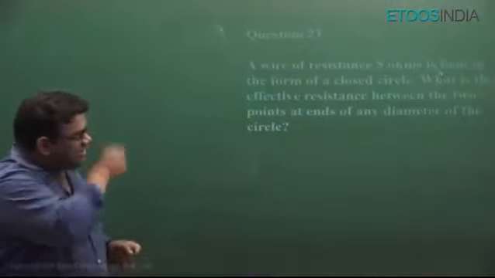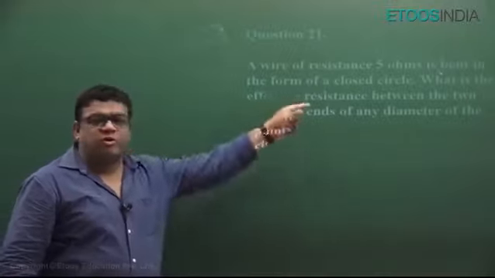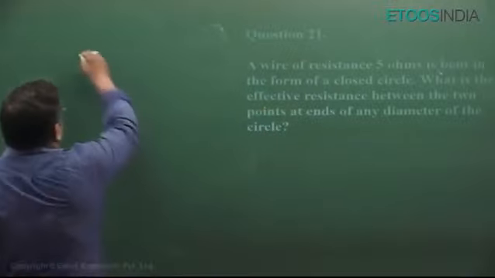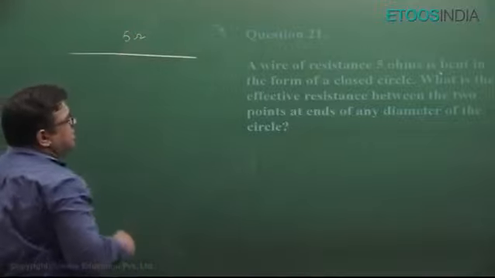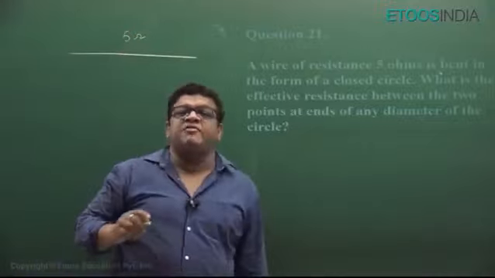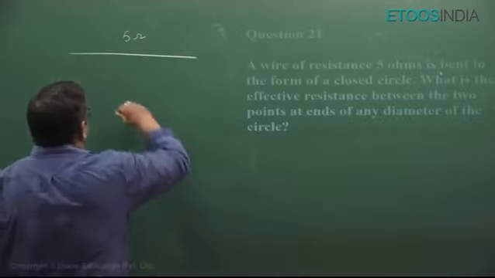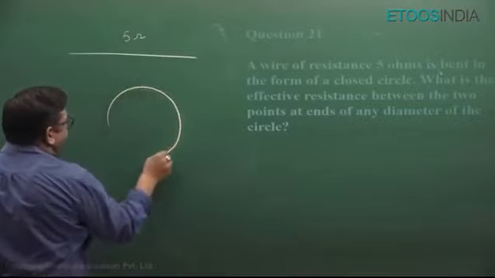A wire of resistance 5 ohm is bent in the form of a closed circle. Now this wire has a 5 ohm resistance. It says that it has been bent in the form of a circle, so I'll just bend it like this.